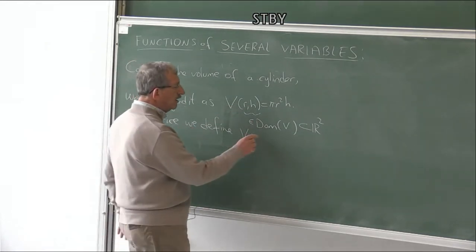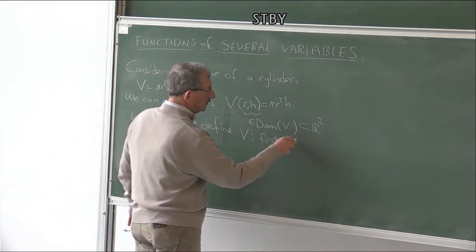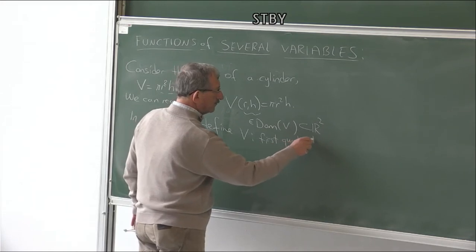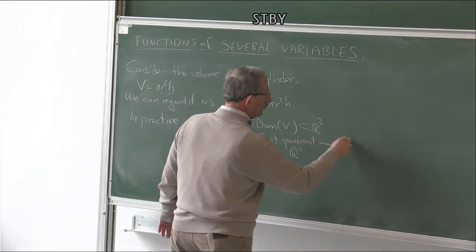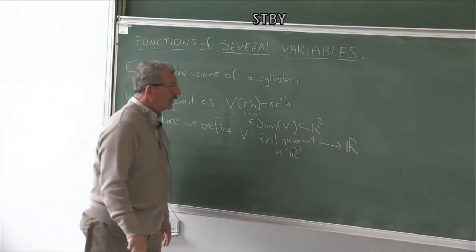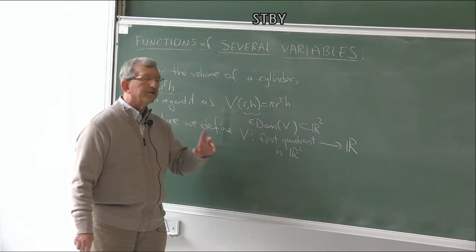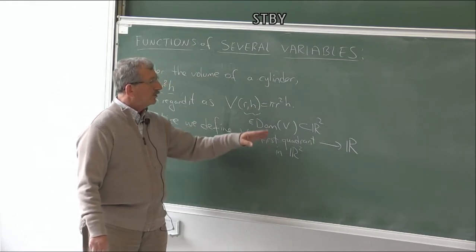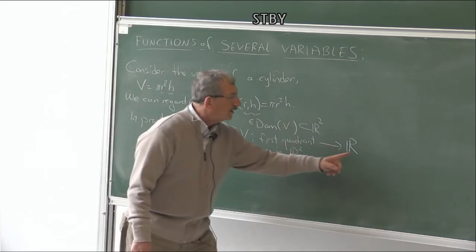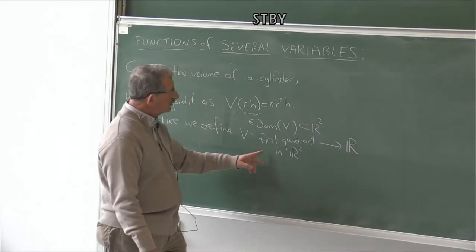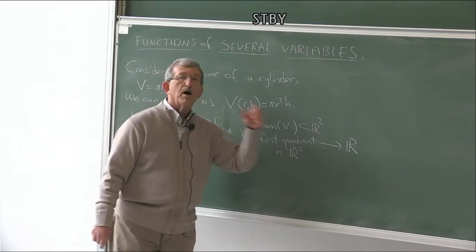That's to say, from the first quadrant in R2 into real numbers. So if you put a pair, that is r and h non-negative, in the formula, you get the volume of your cylinder, which is a number at the end. So this is a function from a subset of R2 into R.